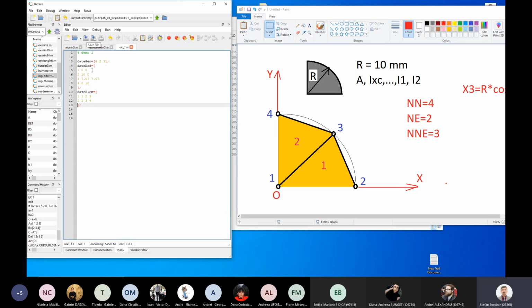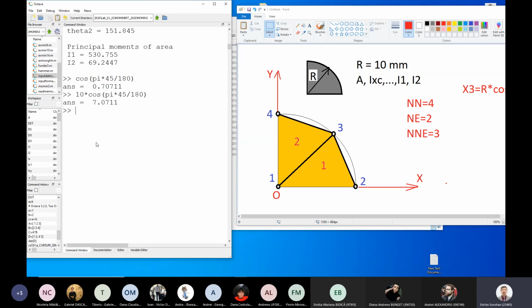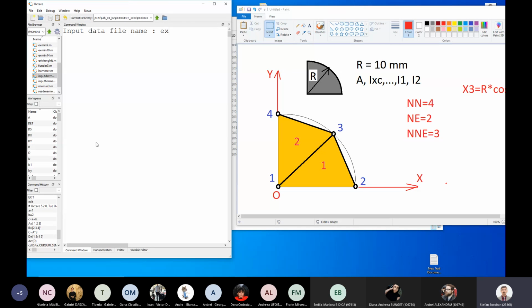Yeah, and you can run it. Let's use the command. Using the arrow, you can obtain it quicker. x1 was my file. As you can see, I have 4 nodes, 2 elements. It's okay. Number of nodes per element 3. Nodal coordinates, it's okay.